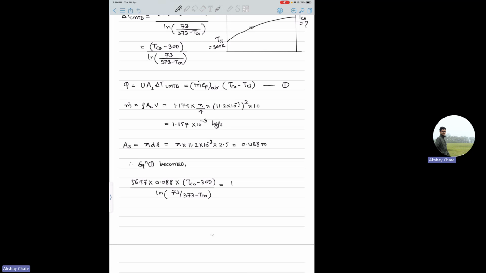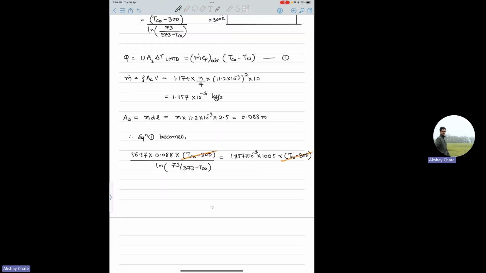M dot is 1.157 into 10 to the power minus 3. Cp of air is 1005, into delta T, so this is TCO minus 300. So you can observe that this bracket gets cancelled. Now we have one equation and one unknown.